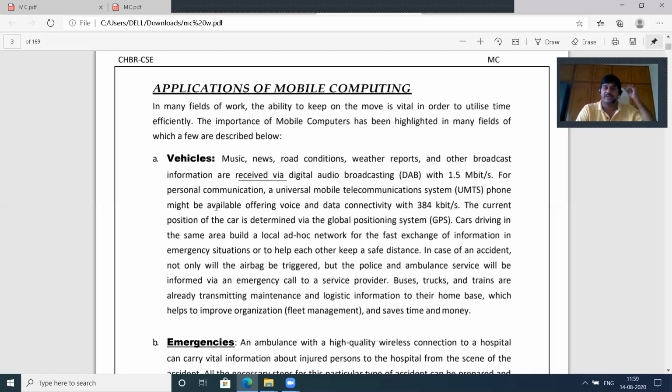Whenever the accident happens, automatically the built-in airbag system in the car is triggered. That's the one case. The other advanced case is, whenever the accident happens, automatically the system connected in the car will make a call to the ambulance and police as well, and it tells the police and ambulance people where the car is located.